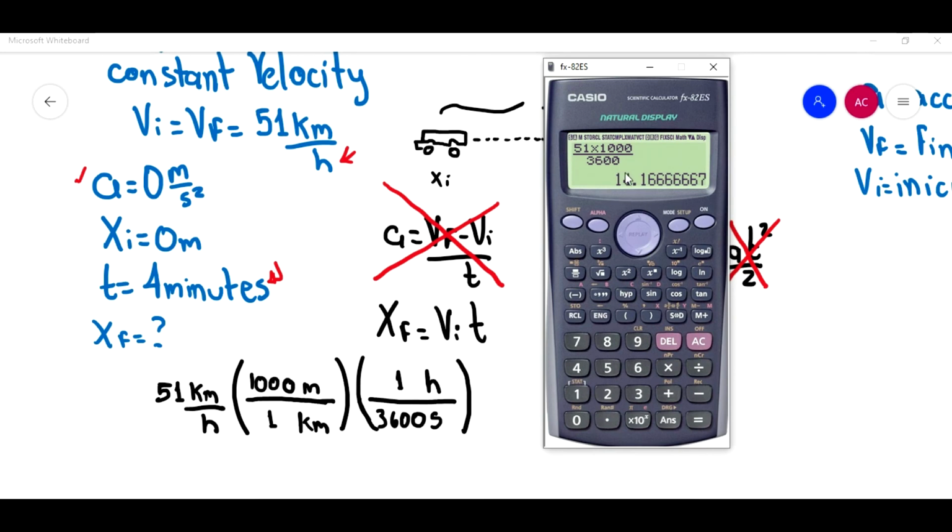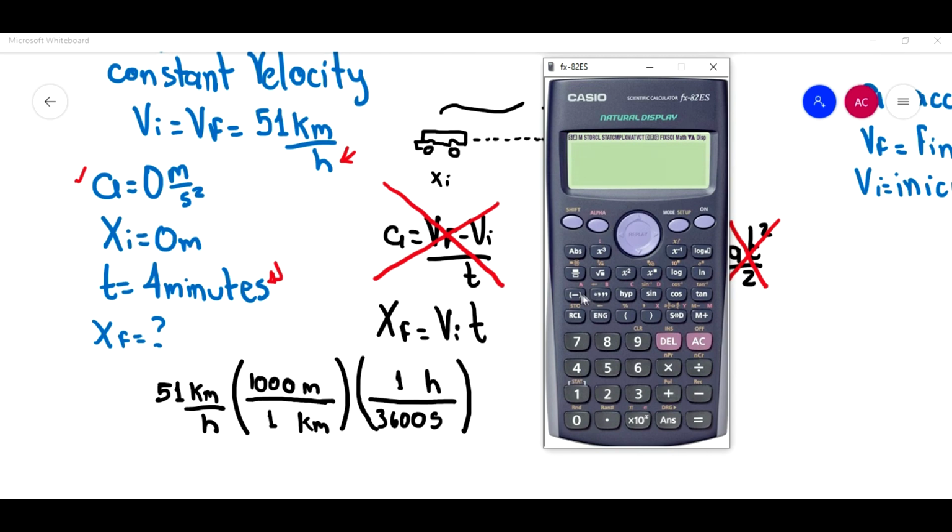Now if you see, that's an infinite decimal value, so I'm going to save this value in a memory of the calculator. I'm going to press shift and look for the STO key, and then select any letter that I want. In this case, I'm going to select the letter A. If I did it correctly, the answer got saved in the A memory.